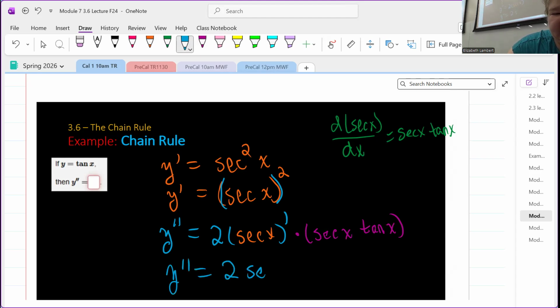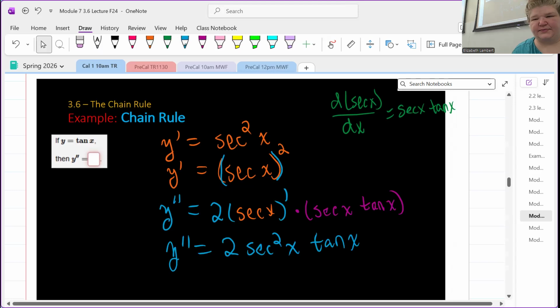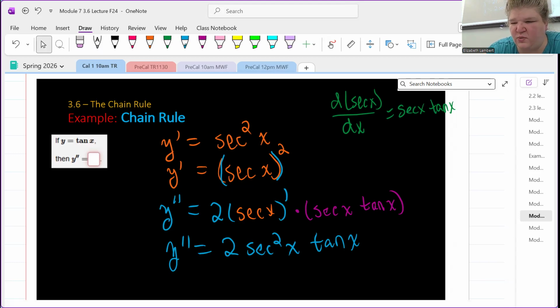If I clean this up a little, I end up with 2 secant squared tangent, which is the same derivative I got at the front when I did the derivative using the product rule. But this is less work than doing the product rule.